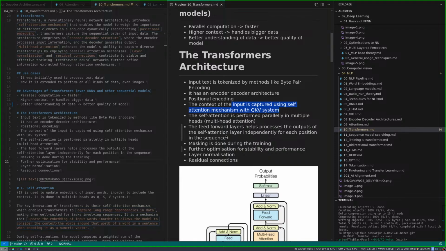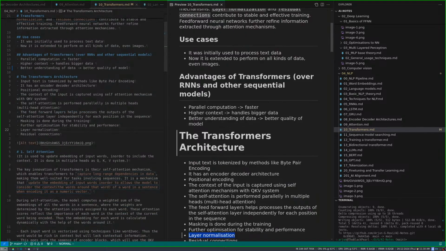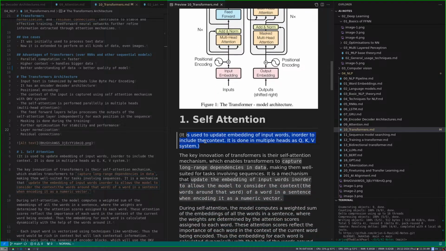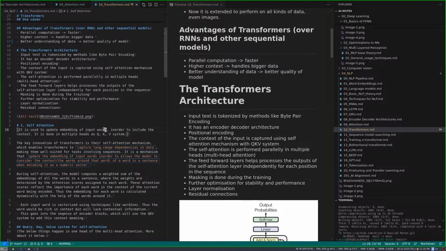Feedforward helps to process output, training is done. Further optimization for stability and performance: layer normalization, residual connection. Self-attention is used to update the embedding of input words in order to include the context.